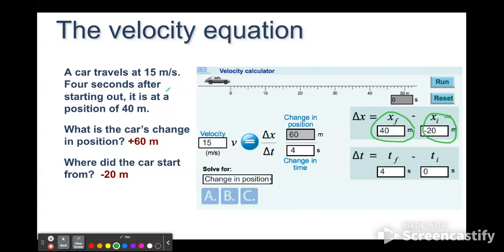And we had the velocity. So a car travels at 15 meters per second, and that's what we plug in. After starting out, and is at the position of 40 meters. So we knew our final, we're given our final right here. So this little guy is x sub f. And we have our velocity.